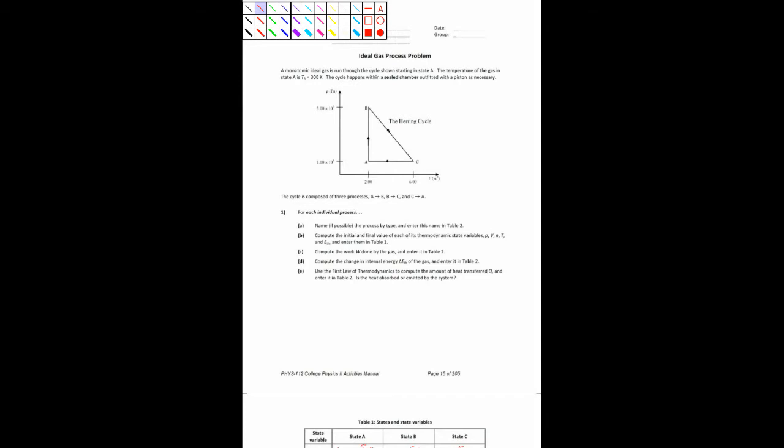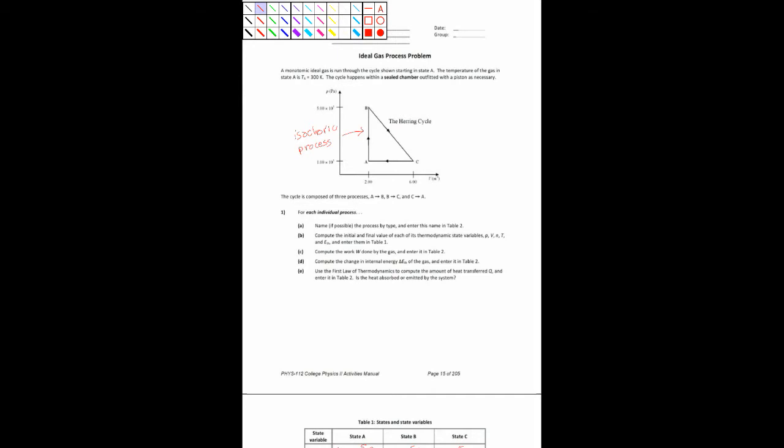And we start at A, we move up to state B, and if you notice that process, we're just changing the pressure of the gas. We're not changing its volume. So as we move from A to B, that's an isobaric, not isobaric, it's isochoric process.